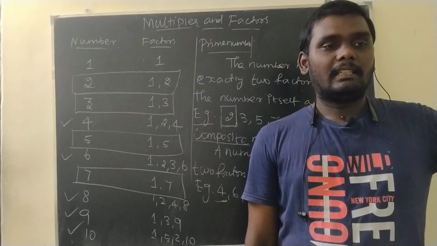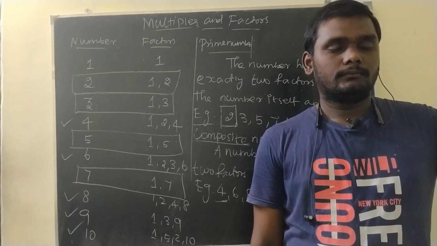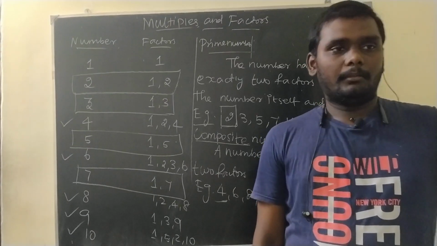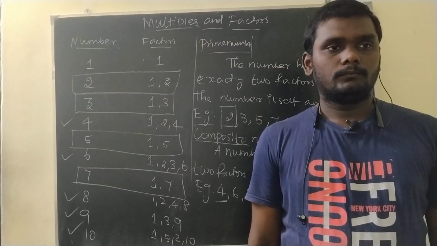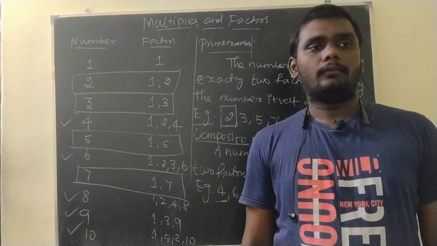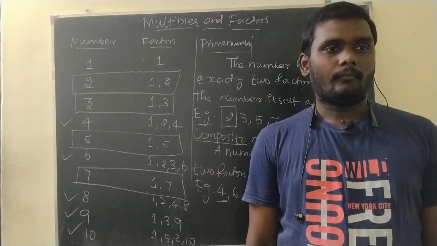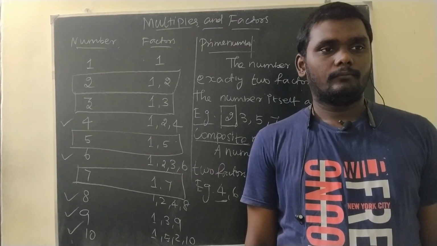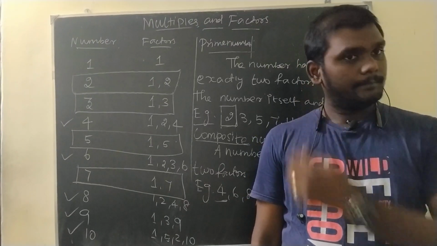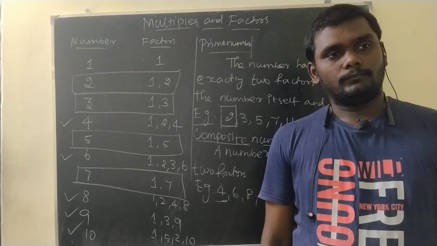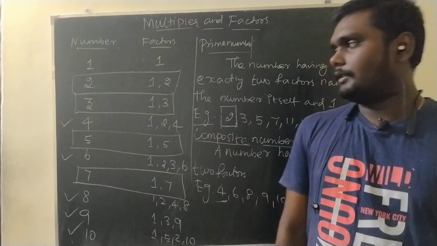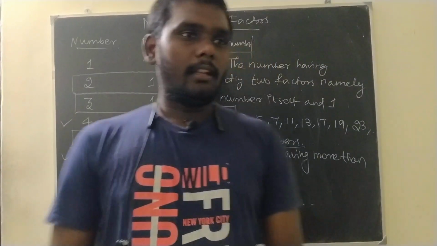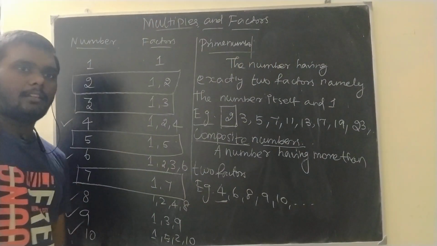Prime number. 31. Prime number. 33. Composite number. 41. 51. Composite number. Good. Perfect. See, we classified 2 factors, 3 factors, everything.